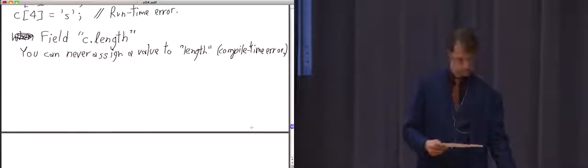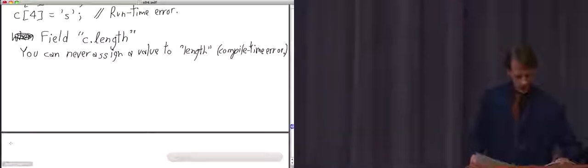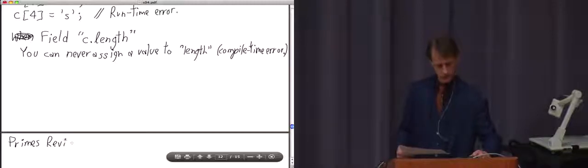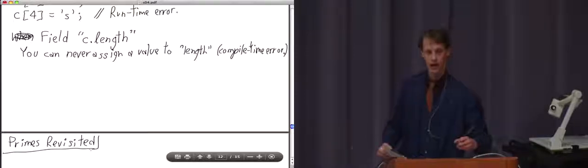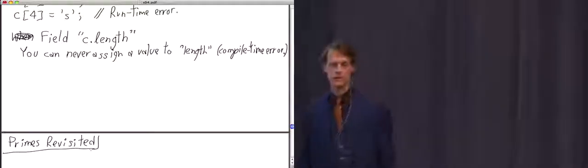So I want to use arrays now to do some useful work. We're going to come back to the problem of how to figure out all the primes from 2 to n quickly. The algorithm I showed you for doing that works, but it's really slow.